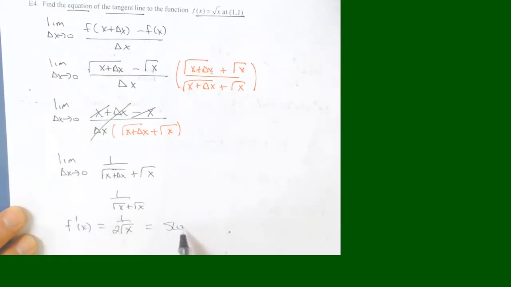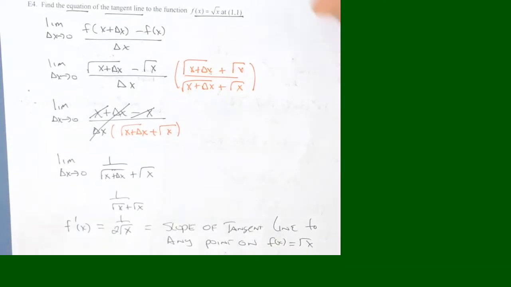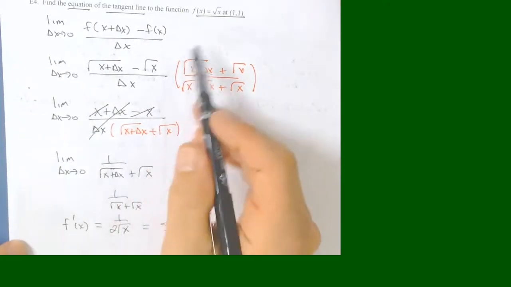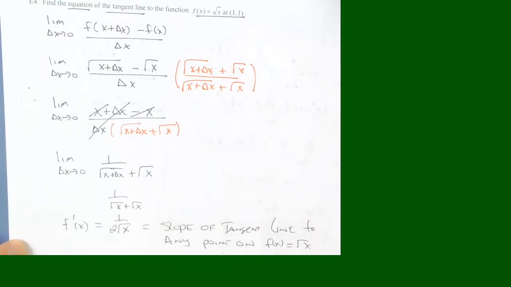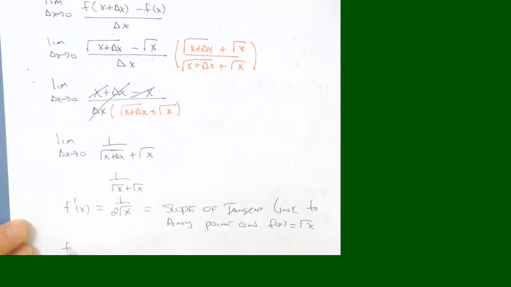That is the slope of the tangent line at any point on f of x equals the square root of x. Find the slope at (1, 1) and write the equation of the tangent line.